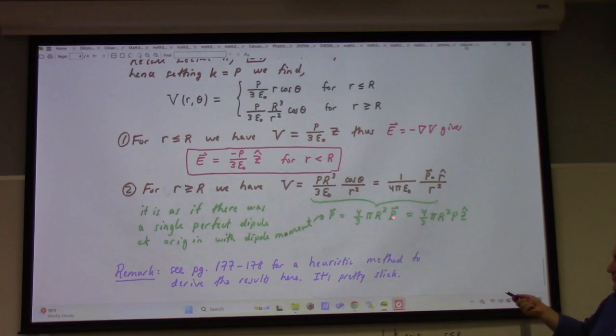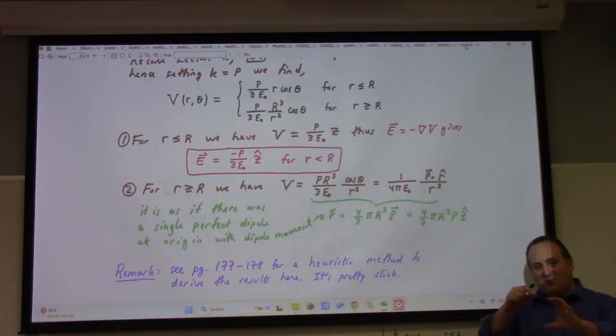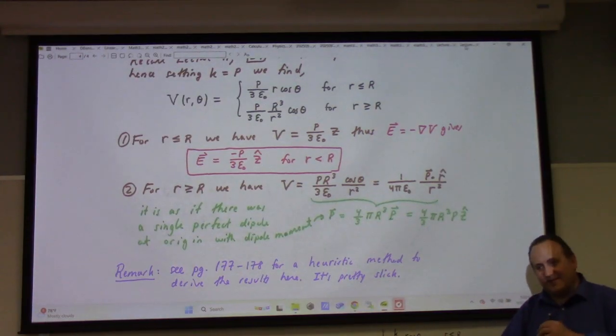I take dipole moment per unit volume times the volume, 4/3 pi r cubed, and that gives me the dipole moment of this uniformly polarized sphere. And that's what happens outside. It is as if it's just a giant dipole at the origin.